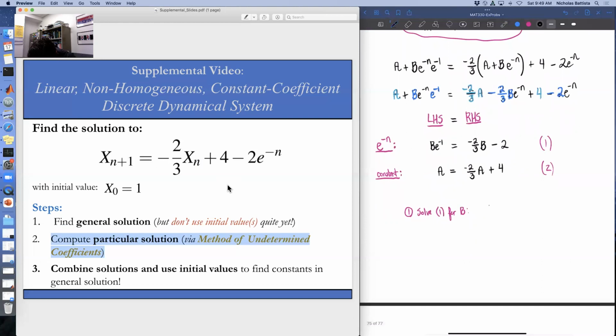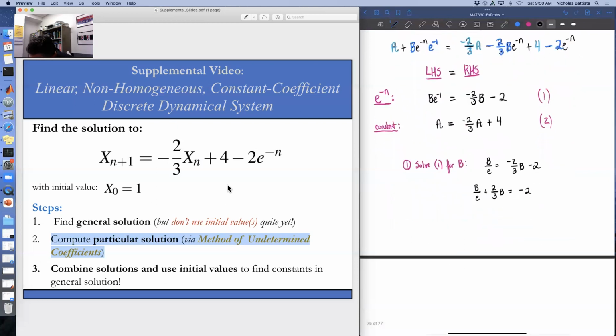What this looks like is on the left side, we have b over e to the first, or b over e, is equal to minus 2 over 3 times b minus 2. So it looks like we should collect all the b's on one side, factor a b out, and solve for it. So let's add 2 over 3 b to both sides, and we have that's equal to minus 2.